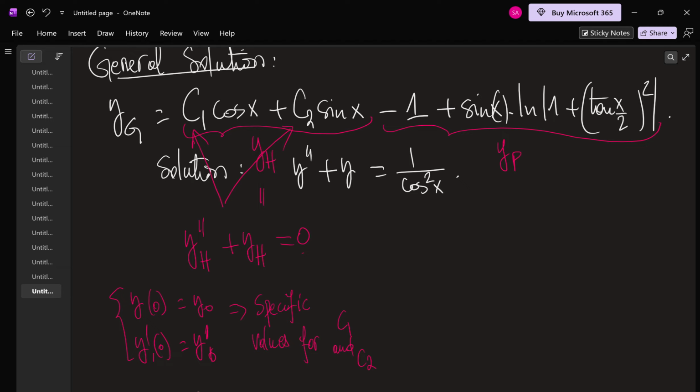Okay, so this is the role of the homogeneous solution.